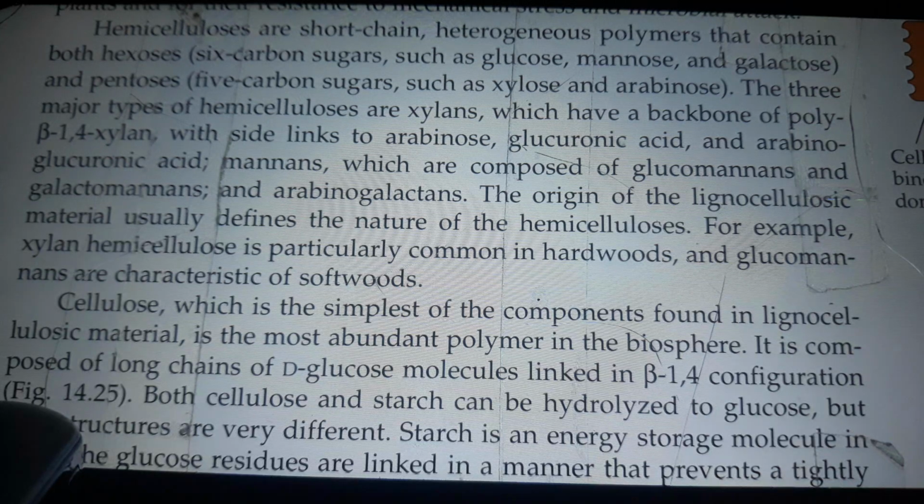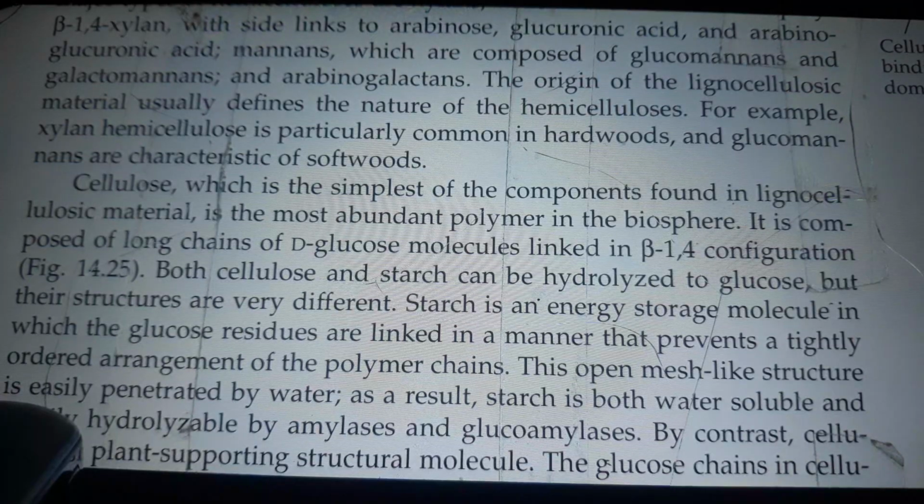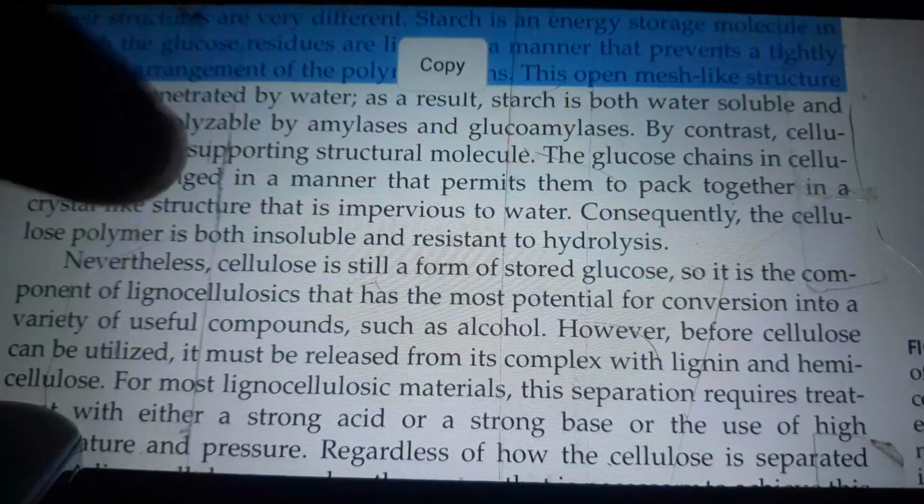The origin of the lignocellulosic material usually defines the nature of the hemicelluloses. For example, xylan hemicellulose is particularly common in hardwoods, and glucomannans are characteristic of softwoods.